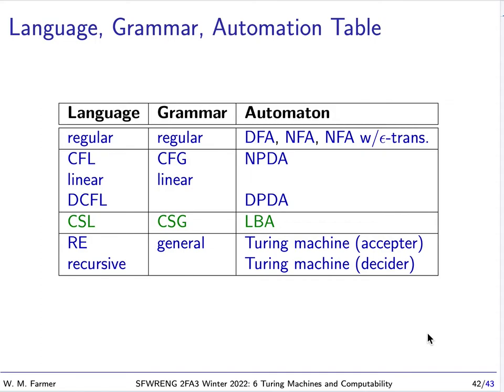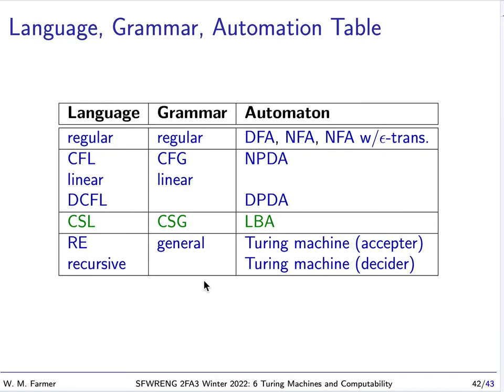Okay, so this is our last slide of all our lectures. It basically sums up what we've looked at for the latter part of the course. And you've already seen this table. It's a table of languages, grammars, and automata. And we have 4 kinds of languages corresponding to the Chomsky hierarchy: regular, context-free, context-sensitive, and recursively enumerable.